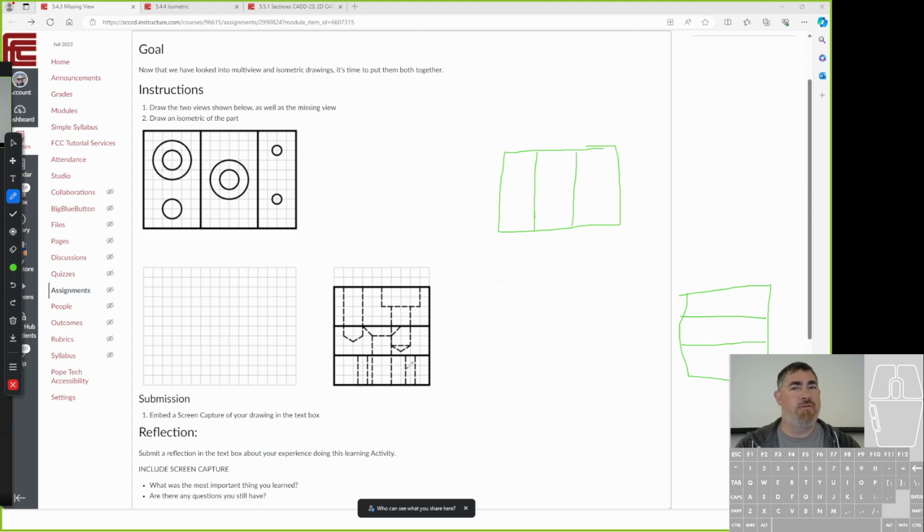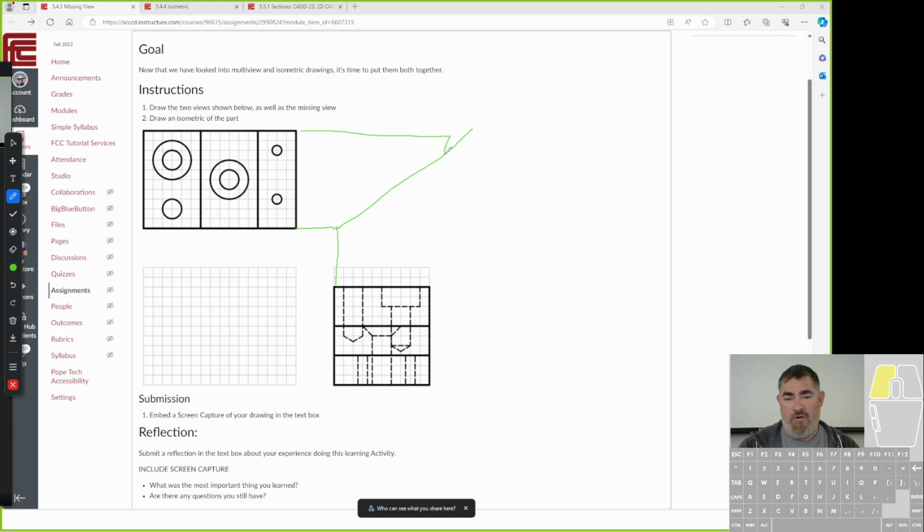How do I know that those are them? Someone said the magic word earlier. The miter line. So if I drew from here straight across and drew from here straight up and then drew a 45-degree line, that's going to come down to there.